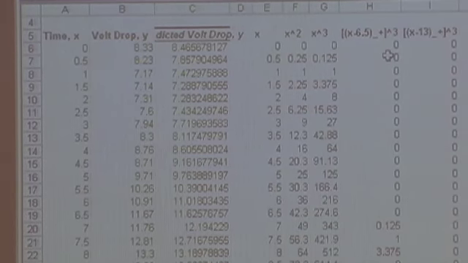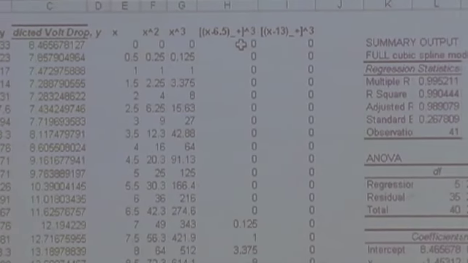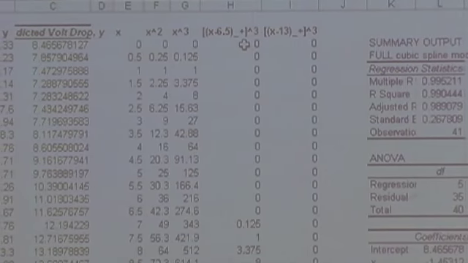Then I actually just put, how did I code the plus? Well, (x minus 6.5)+ is 0 until you get to 6.5. If 6.5 is one of the values in the set, it doesn't really matter, since x minus 6.5 is 0. So it's 0 up until that, and then at 7 it changes to a plus.